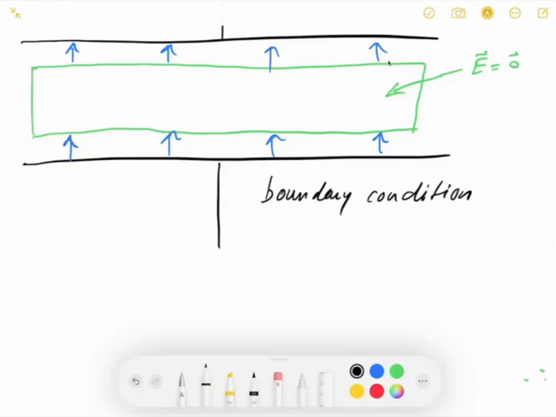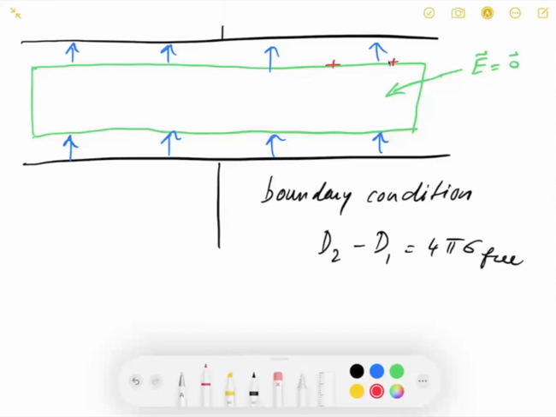is again that your D field has to be, sorry, D2 minus D1 is 4 pi sigma free. Okay, so now we have actually induced charges that are free here.